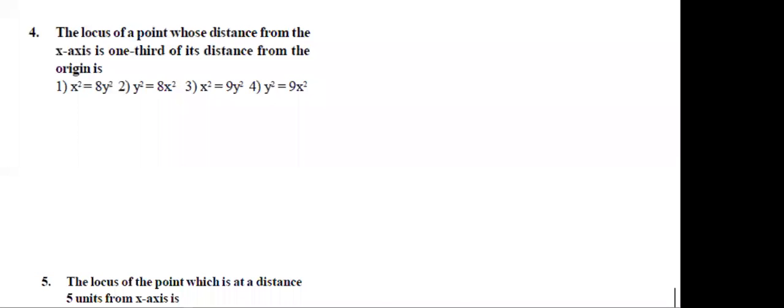The locus of a point whose distance from the x-axis is 1/3 of its distance from the origin. This is the question. Now draw a small diagram, then you will understand. Suppose this is point P. Now P to the x-axis and origin to P. This is the origin.